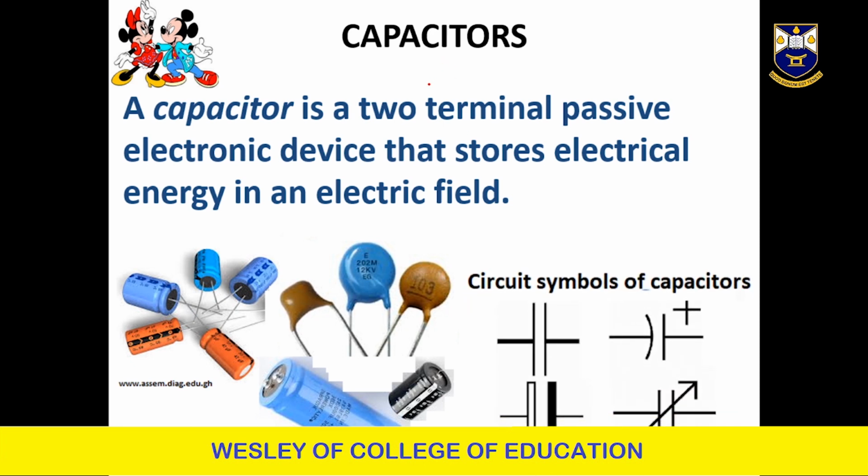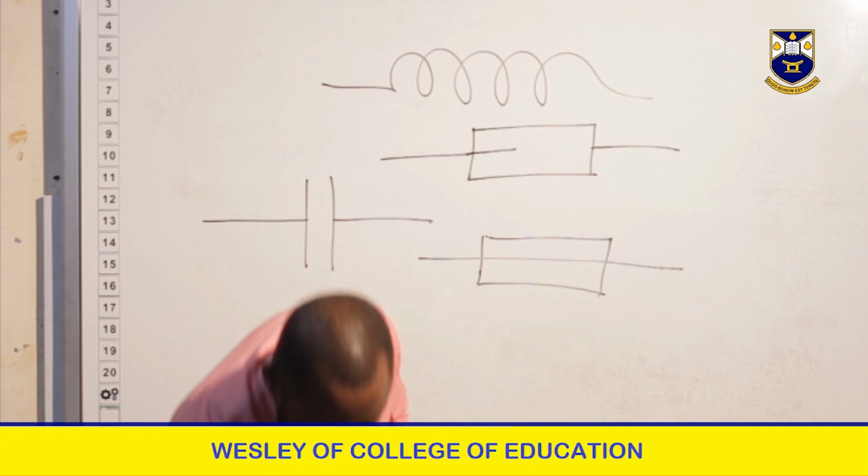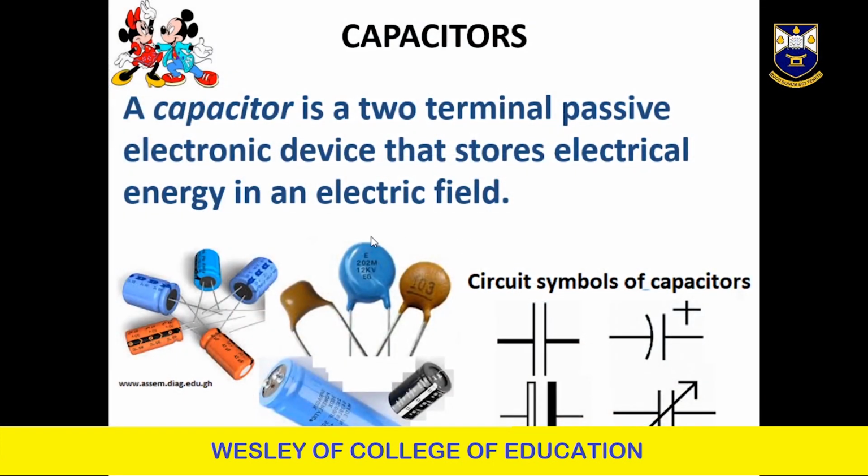The commonest is two lines of the same height, with the two horizontal lines on opposite sides, representing the capacitor plates.